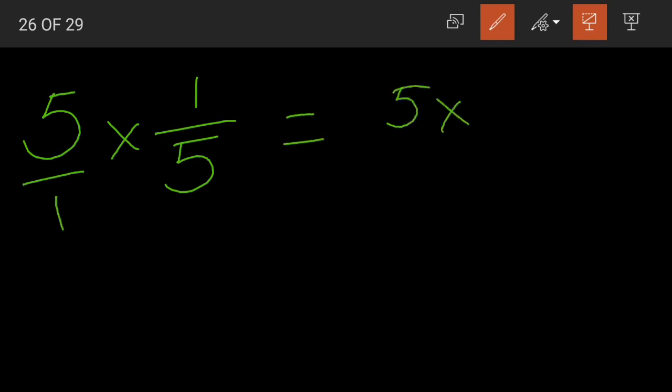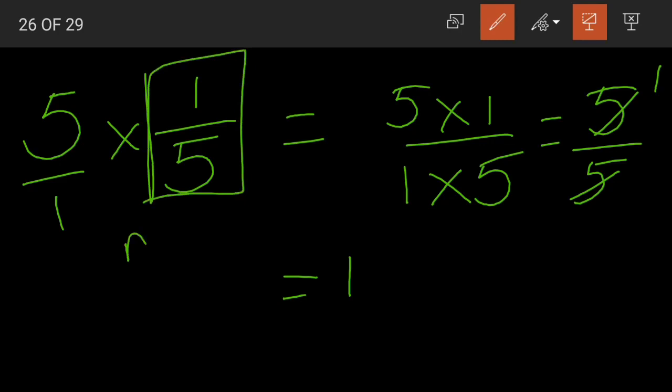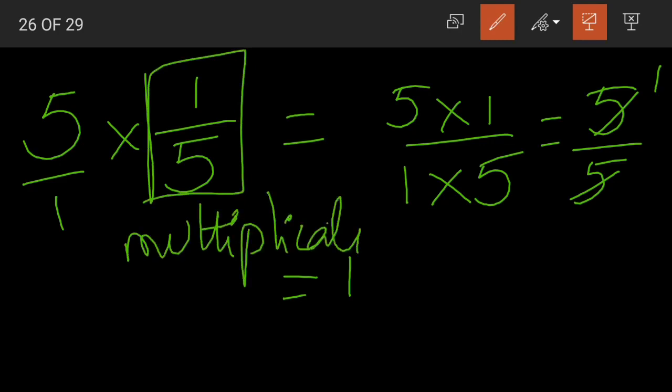Understood? When we multiply the integer 5 with its reciprocal 1 by 5, the answer will be 5 into 1 by 1 into 5, which is 5 by 5. As we all know, 5 1s are 5. The answer will be 1. So, this 1 by 5 becomes the multiplicative inverse.